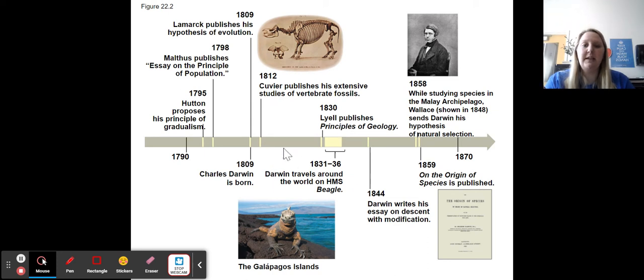Then in 1831, Darwin boarded the HMS Beagle, which traveled around the world, where he was a naturalist on board. And then 20 years later, he published the first copy of The Origin of Species.